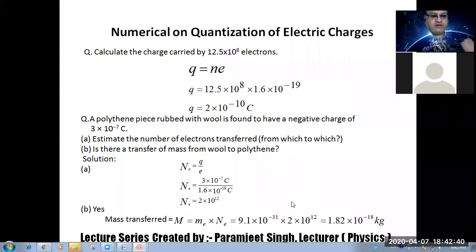So in transfer of electrons, not only charge but mass is also transferred. But in case of atom transfer, only mass is transferred, not the charge, because an atom is neutral in nature.